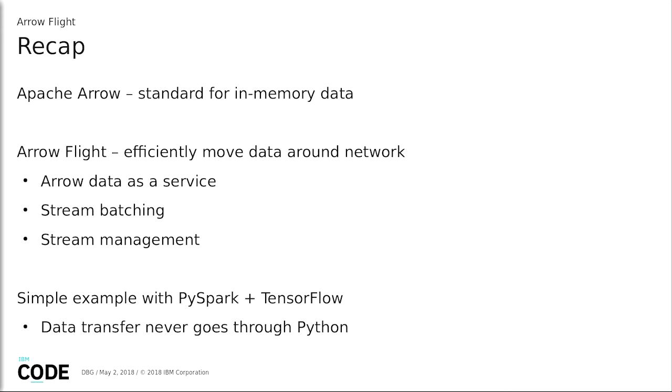And the idea to manage these streams by providing things like a flight info that describes our data and a ticket system to request whatever data we're interested in. And finally, I went through this simple example to show you how things get connected up. I have the code for that if you wish to go through it. I'll have a link in the next slide.